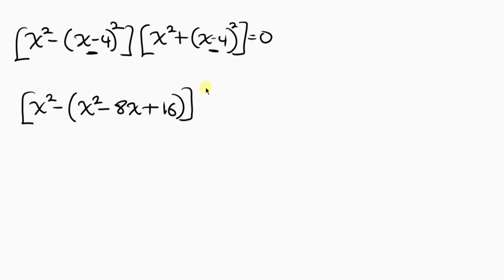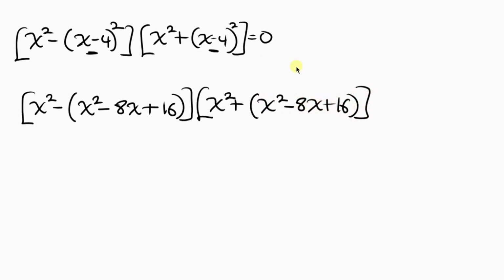Close bracket. Now, for this bracket, we have x squared plus, now expanding this, we have the same thing as what we have here, which is x squared minus 8x plus 16. That is it. Close bracket equal to 0.